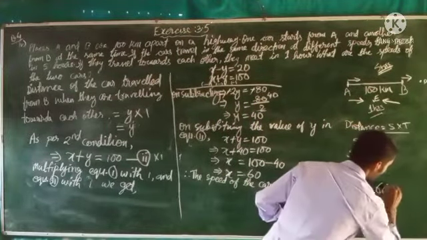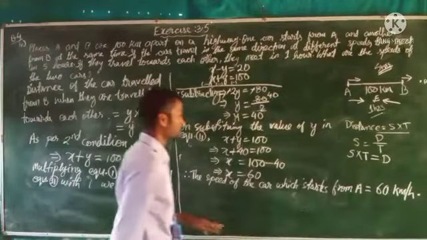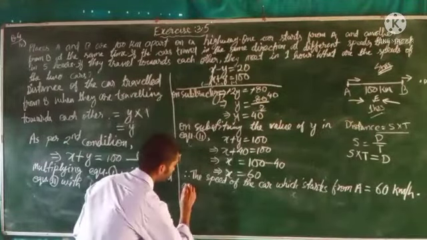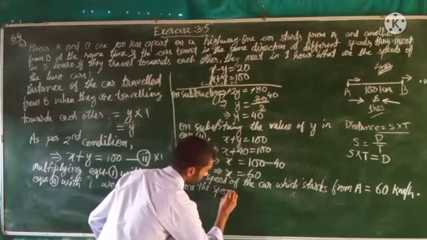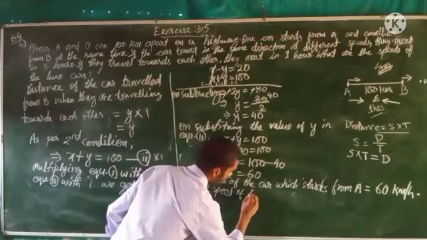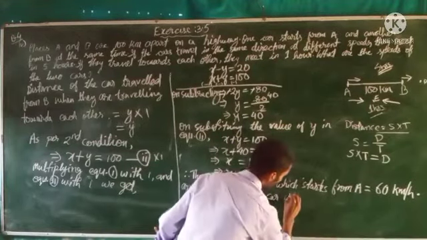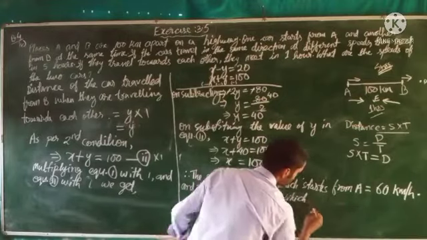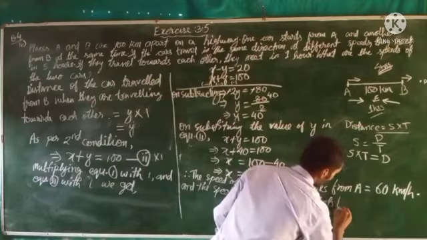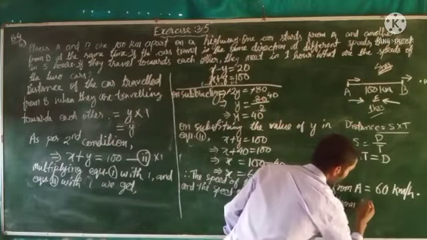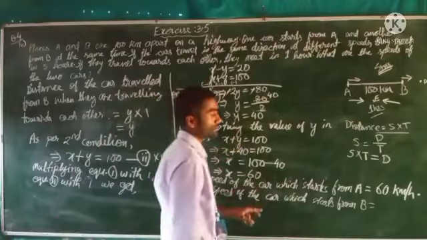So 60 kilometer per hour, and the speed of the car which starts from B, that is, we took it as y and we got it as 40.